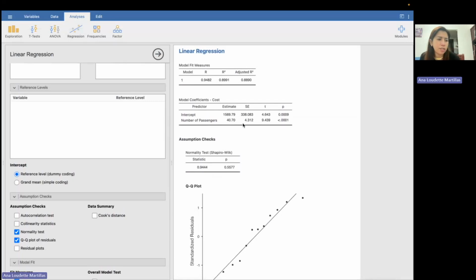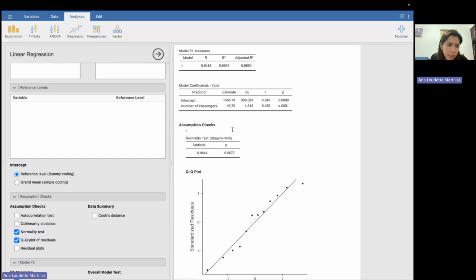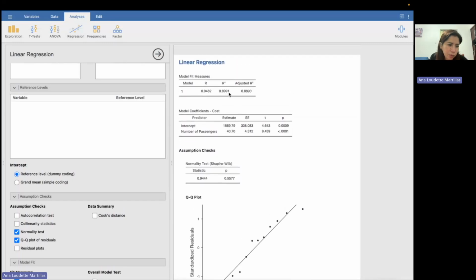So the regression statistics: the slope is equal to 40.7, the intercept is 1569.79, the R squared is 0.991, and the p-value is less than 0.001. Since the p-value is much smaller than the common threshold, which is 0.05, it indicates that the results are highly significant. This means that there is strong evidence to reject the null hypothesis.